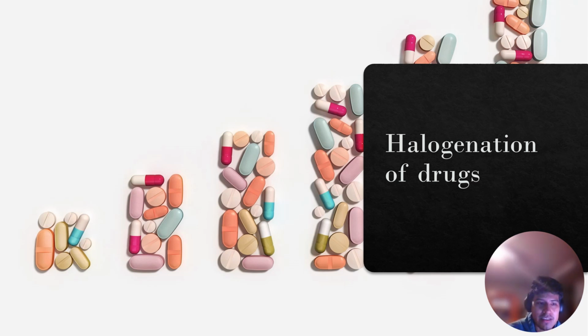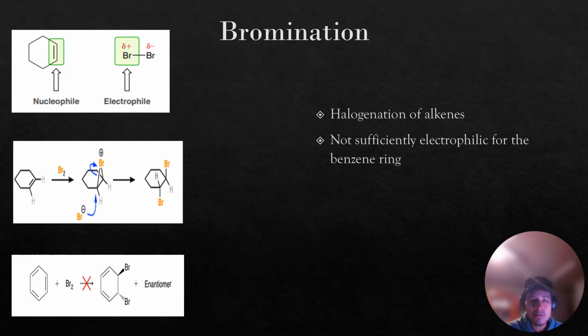In halogenation, at least in my opinion, we usually think of an alkene and a halogen. In halogenation of alkenes, the nucleophile is the alkene, and the electrophile is in this case Br2.